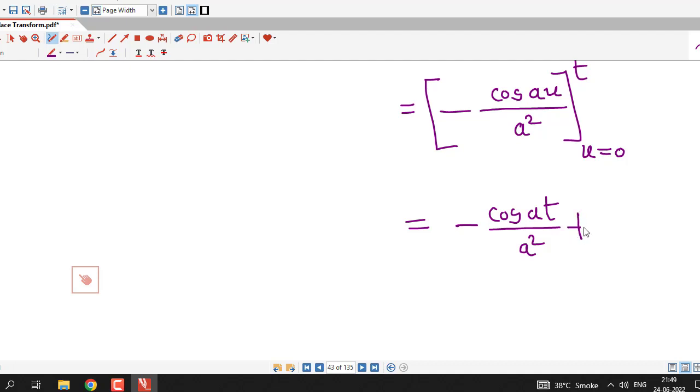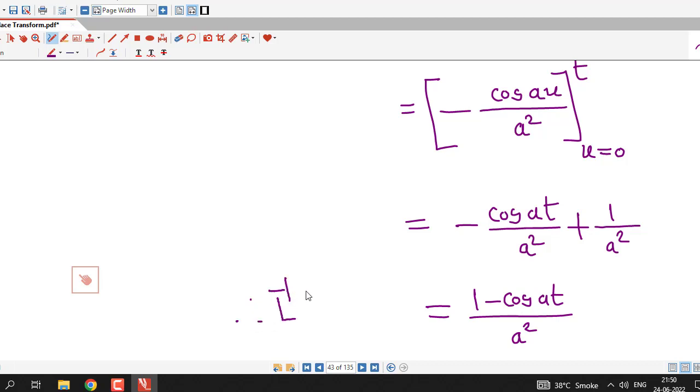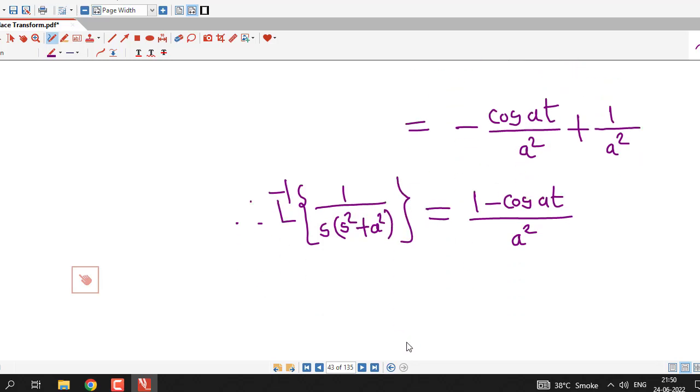So negative negative positive, cos 0 is 1, and we have 1 by a square, and this we can rewrite as 1 minus cos at divided by a square. Left hand side is inverse of F of s into G of s, and now we can substitute values of f and g, and we have obtained inverse Laplace transform of 1 divided by s into s square plus a square, which is 1 minus cos at divided by a square.